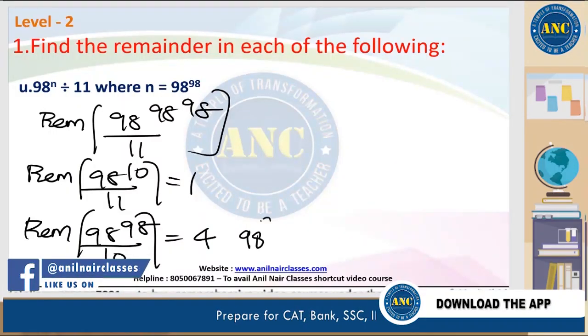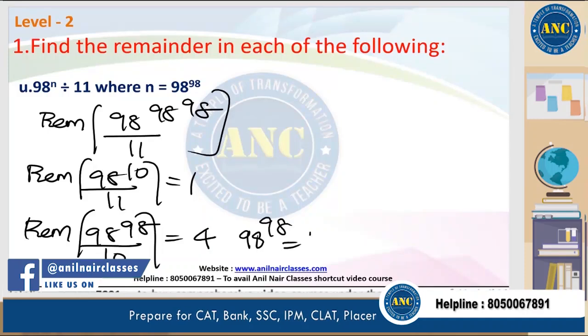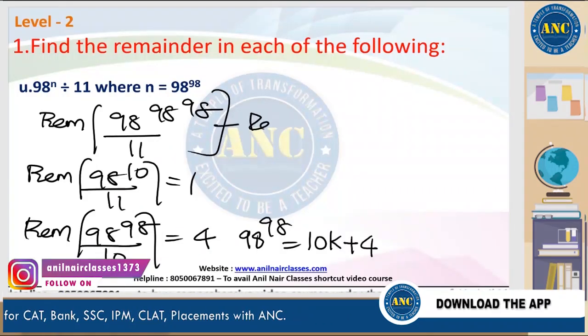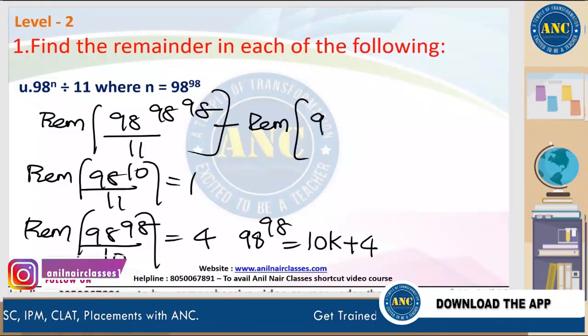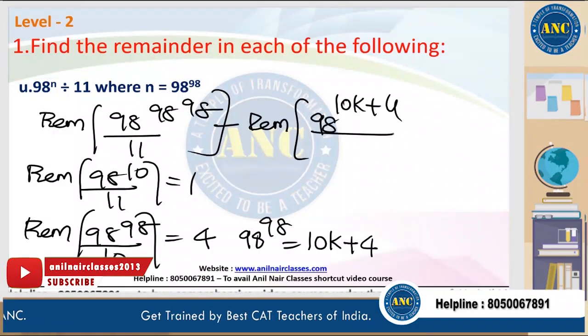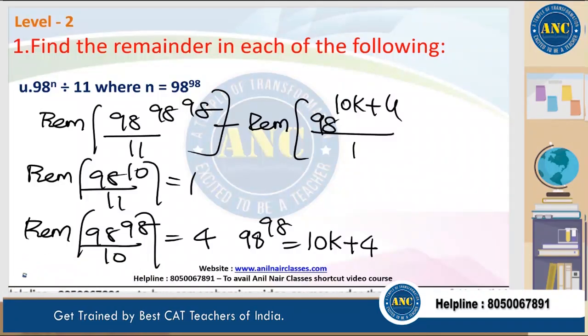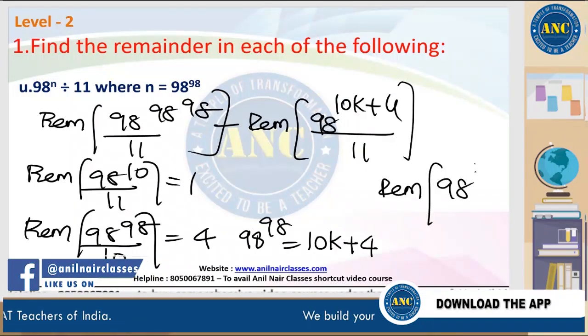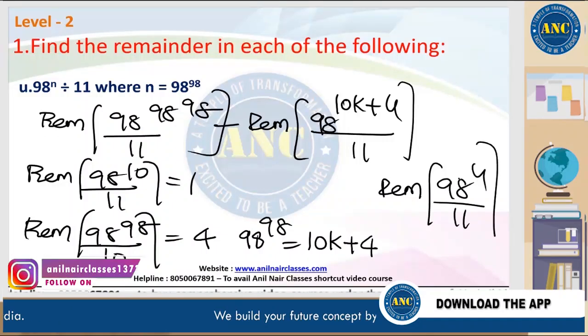So when divided by 10, remainder is 4. So this is nothing but remainder of 98 power 10k plus 4 divided by 11. Now the things become easier. 98 power 4 by 11.